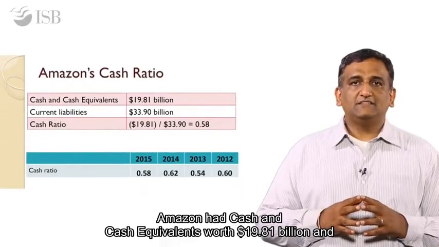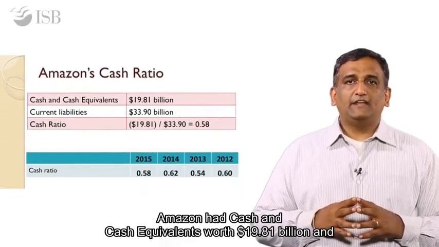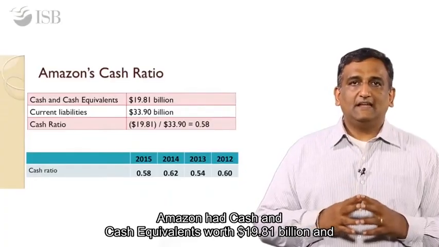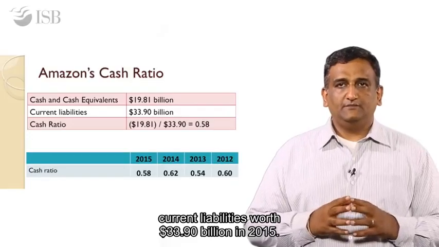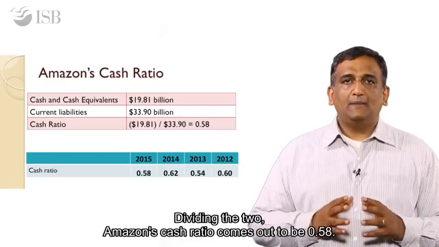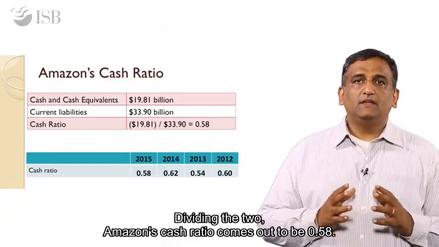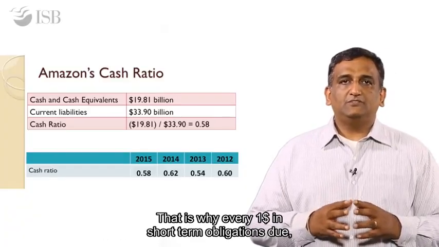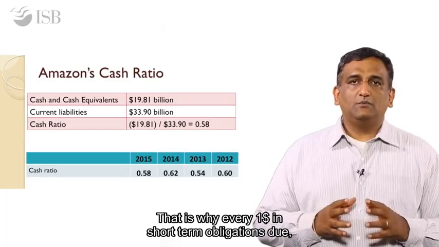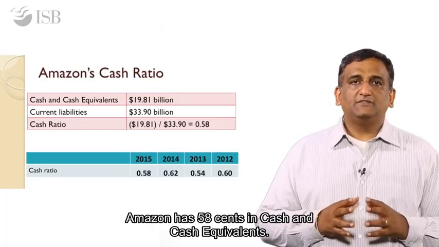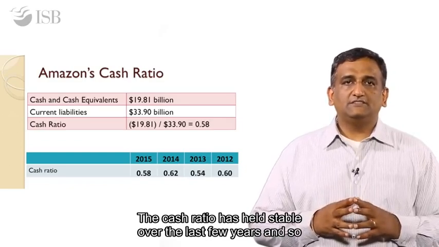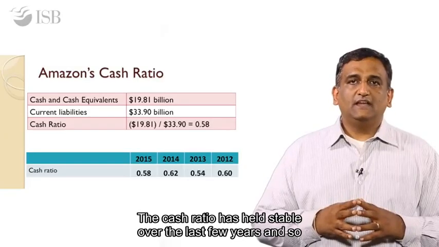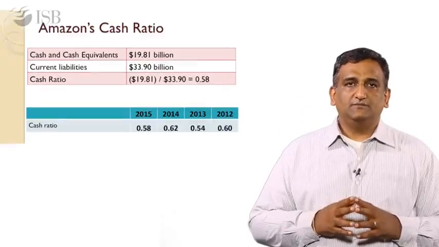Amazon had cash and cash equivalents worth $19.81 billion and current liabilities were $33.90 billion in 2015. Dividing the two, Amazon's cash ratio comes out to be 0.58. That is, for every $1 in short-term obligations due, Amazon has 58 cents in cash and cash equivalents. The cash ratio has held stable over the last few years and so doesn't seem to be of concern.